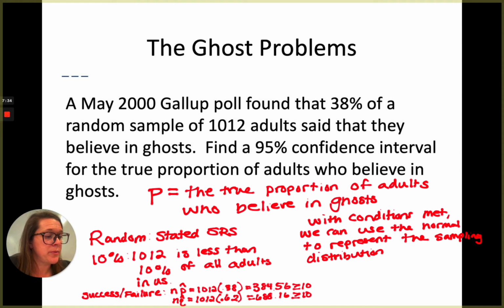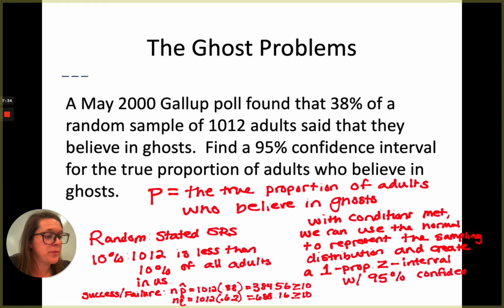I'm going to use the normal model. Use the normal model to represent the, and create, we got to specify what we're creating here, and create a 1 proportion Z interval with 95% confidence.